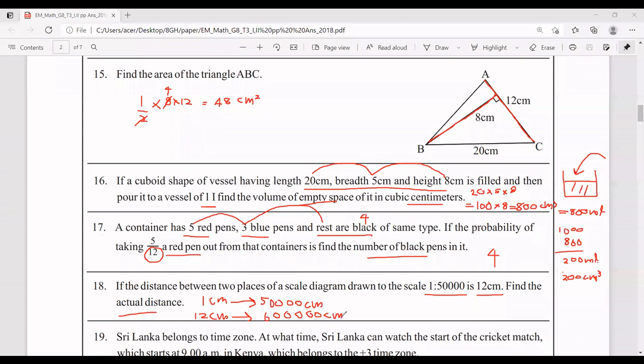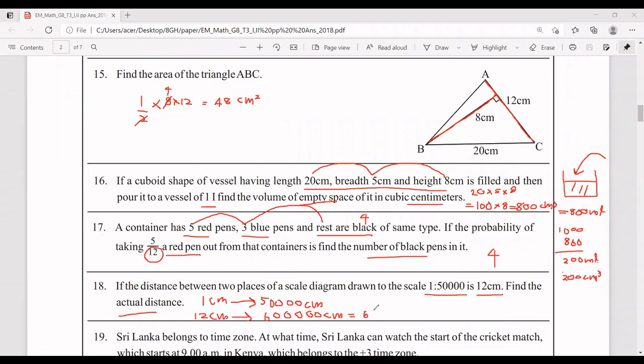But we can convert this into meters. When you convert this into meters, you can remove 2 zeros because 100 centimeters equal 1 meter.